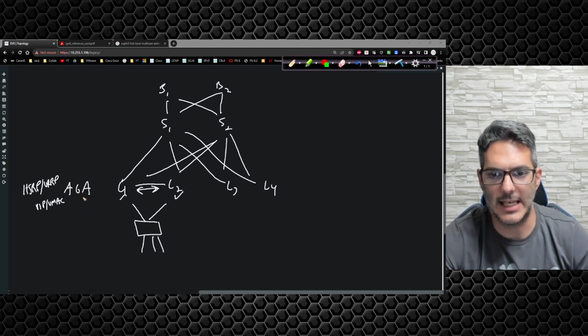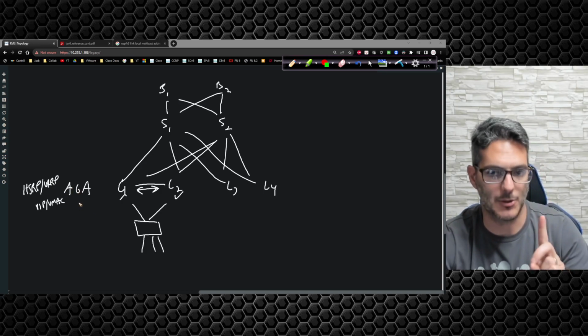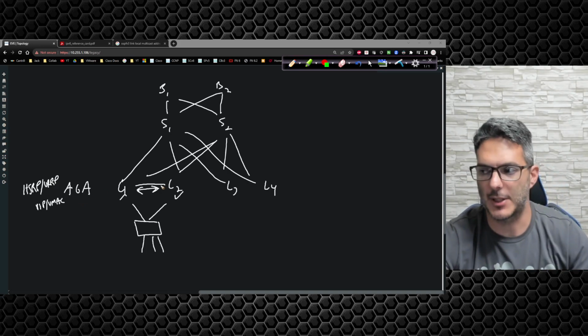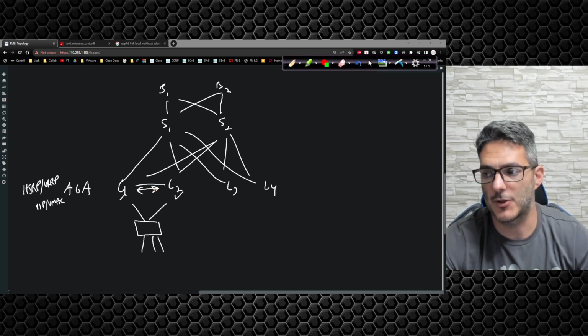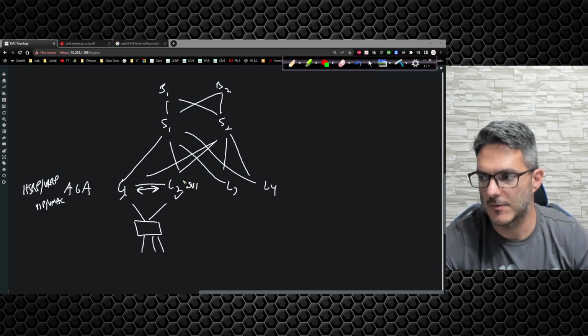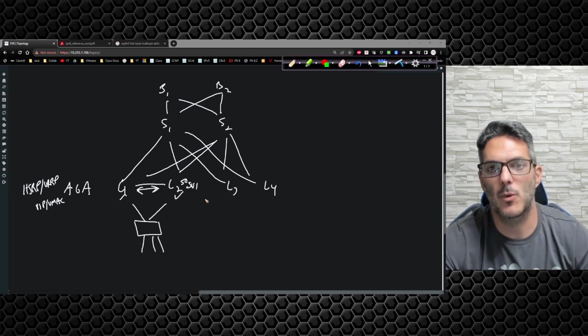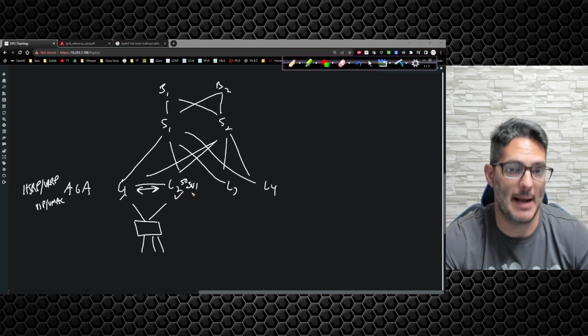Now, Anycast gateway works similar to that, but instead of it being two devices communicating with each other, each one of these leaf switches, regardless of how many SVIs are configured, so let's say you have 50 SVIs for all of your VLANs sitting on these leaf switches, every one of the SVIs has the same MAC address.